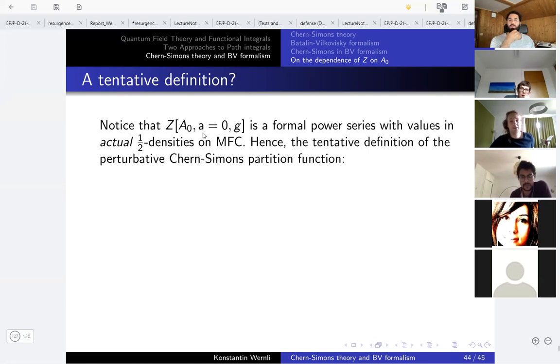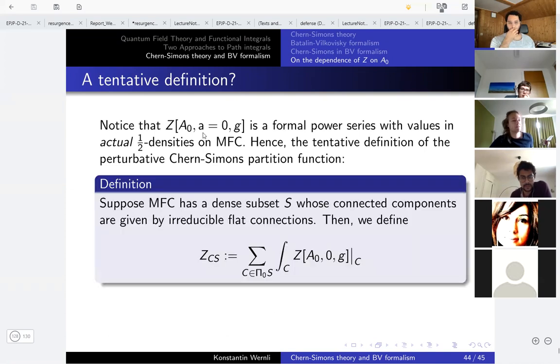So in particular, if I have such a component which consists of irreducible connections, I can integrate this over that component. And that would be the contribution that I assign to that component of the moduli space of flat connections.